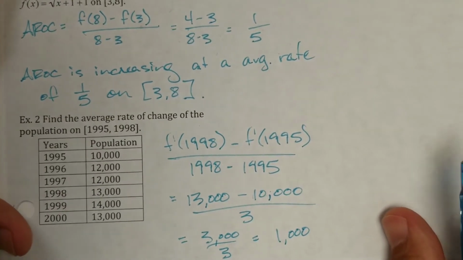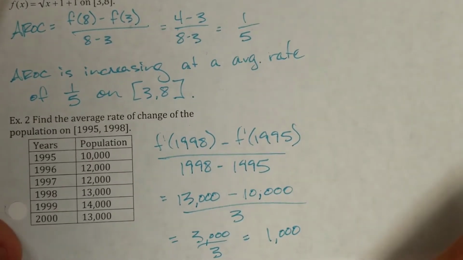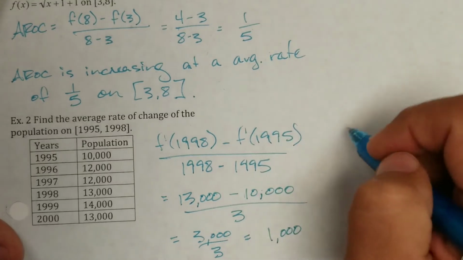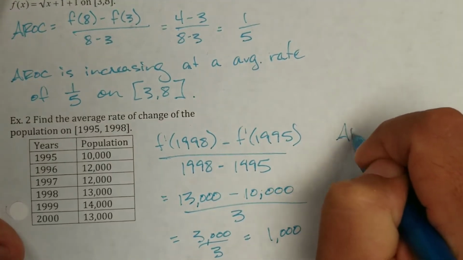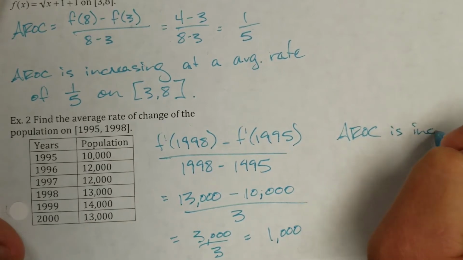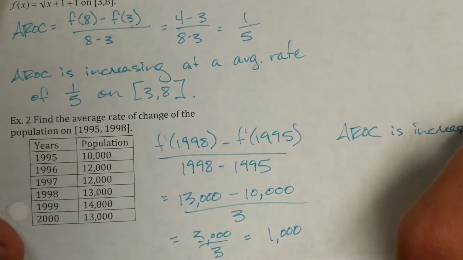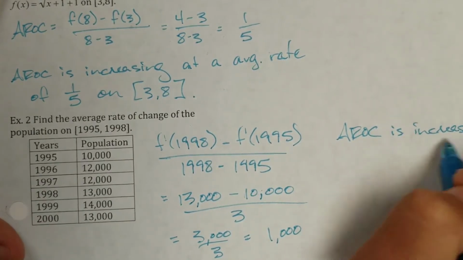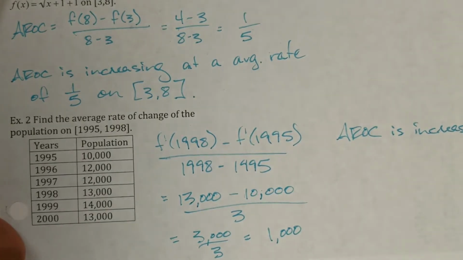Okay, so let's write that out. Let's write a good sentence talking about the average rate of change. So we would say average rate of change, AROC, is increasing because it's positive. So that's one of our keywords that we need.